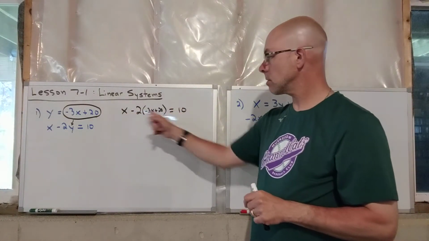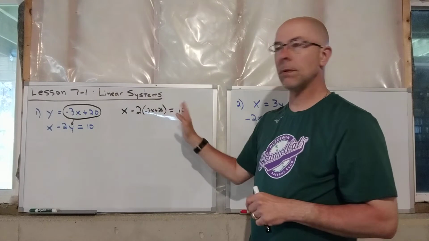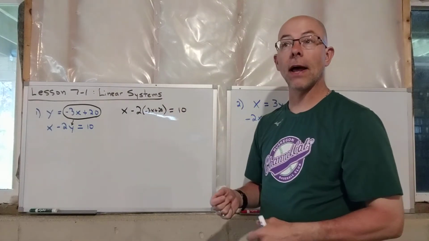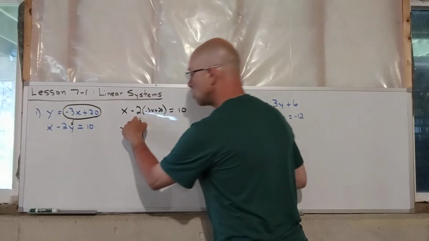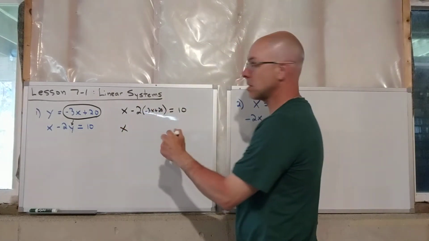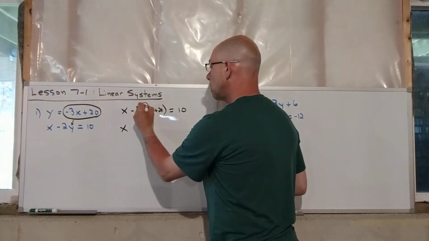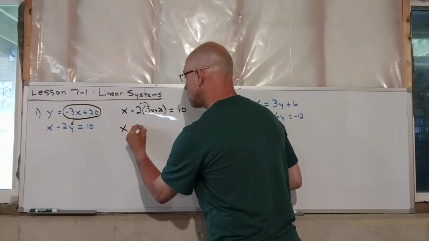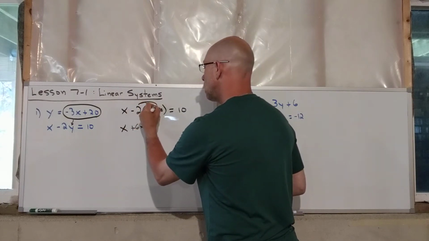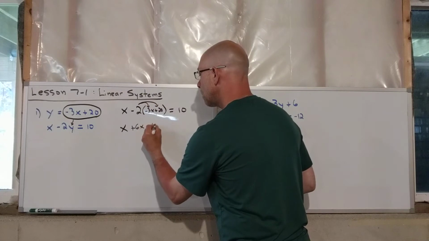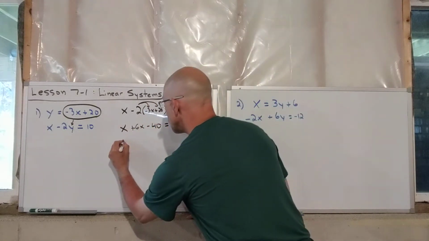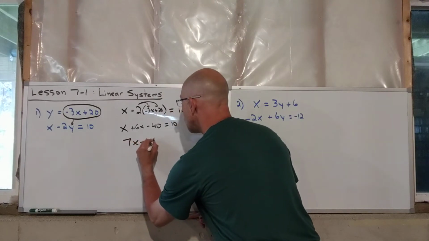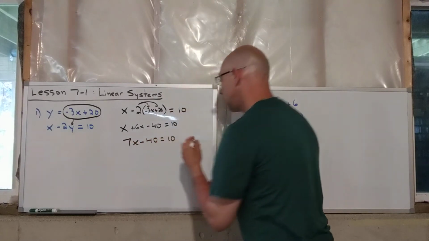You distribute, simplify, solve for x. Please remember that's a negative 2, so be careful with signs here. Distributed here gives me plus 6x, distributed here gives me minus 40, equals 10. Combine like terms, which is 7x minus 40 equals 10.